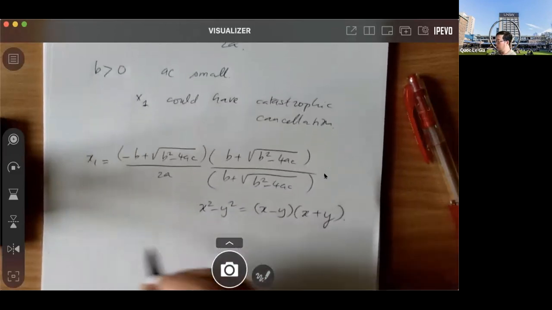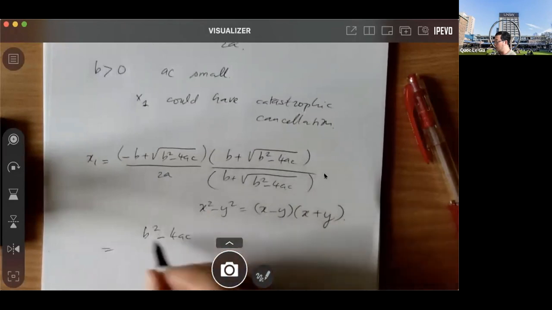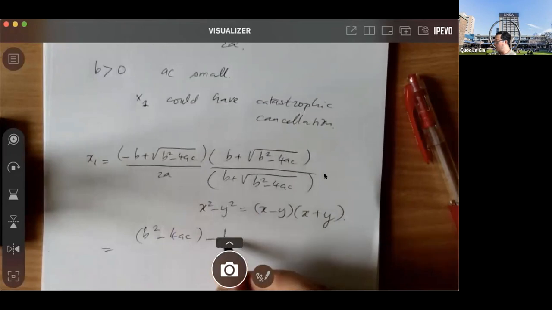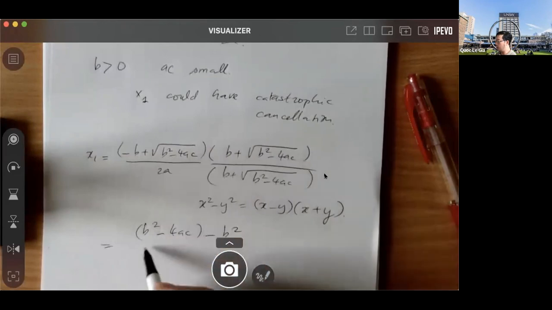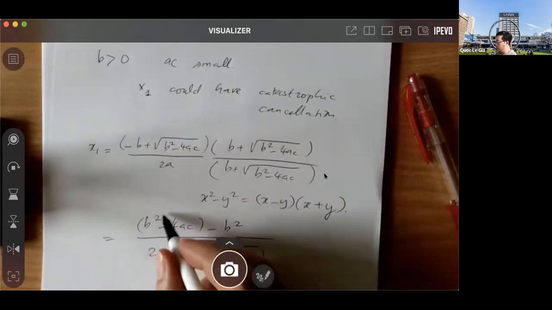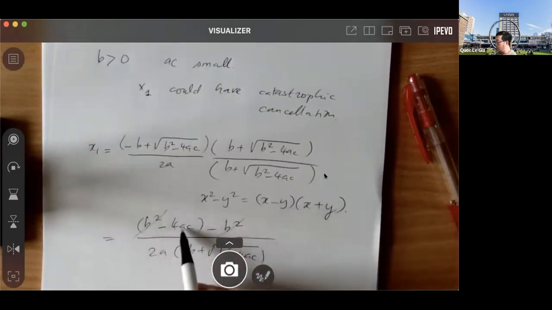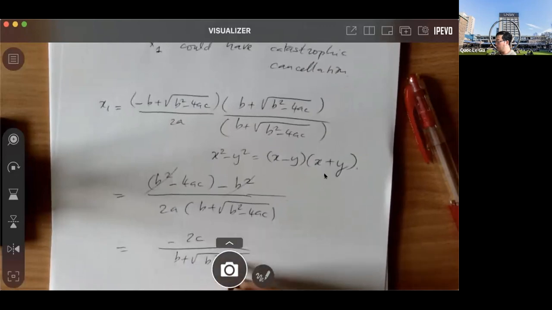Then you can reduce this to b squared minus 4ac, minus b squared, divided by 2a times b plus the square root of b squared minus 4ac. The b squared cancels, and with 2a you get minus 2c over b plus the square root of b squared minus 4ac.